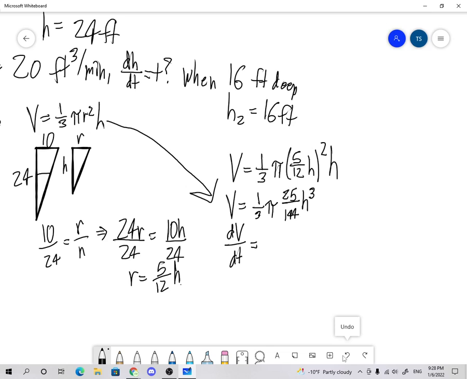We no longer need this part here. Pi, I'm going to move the pi into the fraction just to make my life a little easier and to be able to see things easier. 25 pi over 144 h to the second dh/dt because we have to multiply by the inner part of this function. Okay, so now we have everything implicitly differentiated.